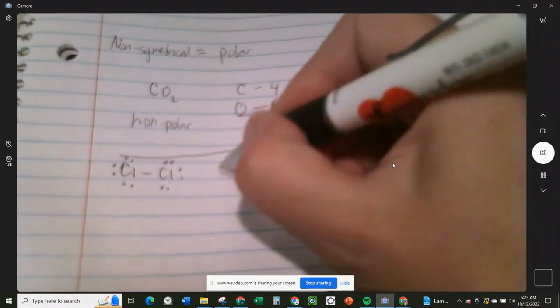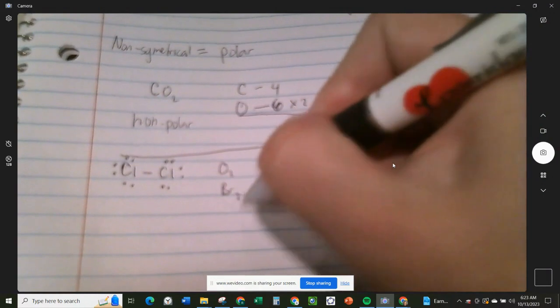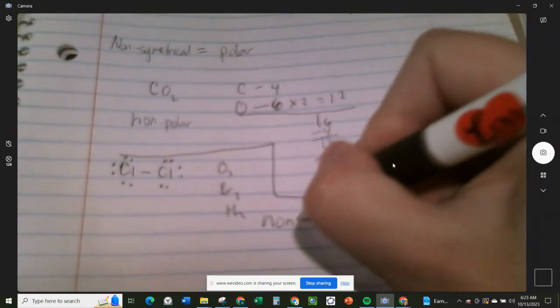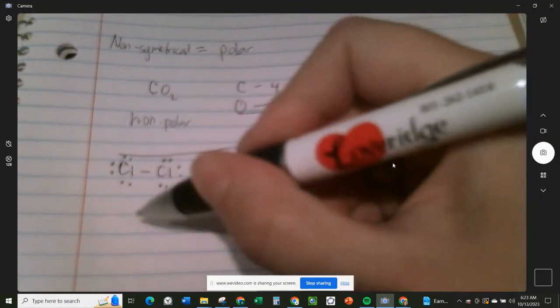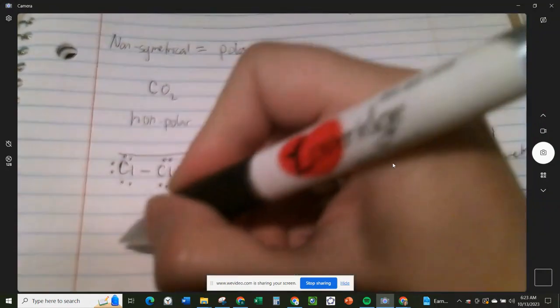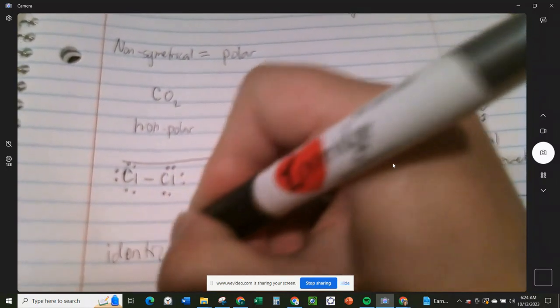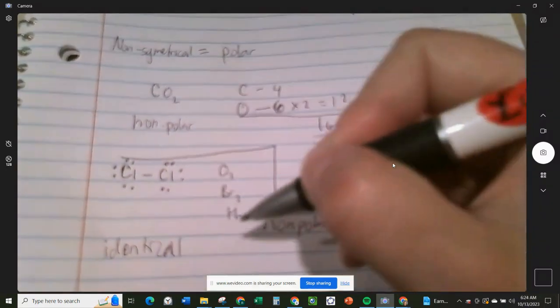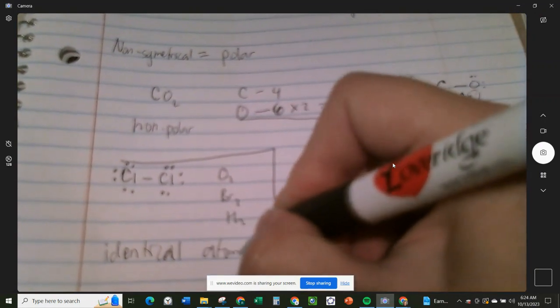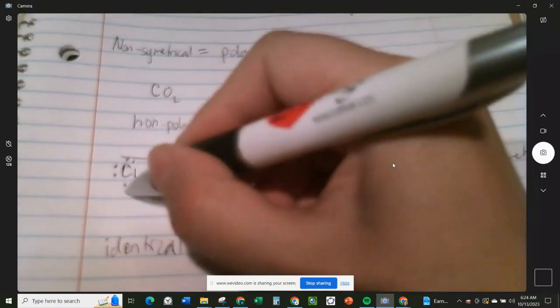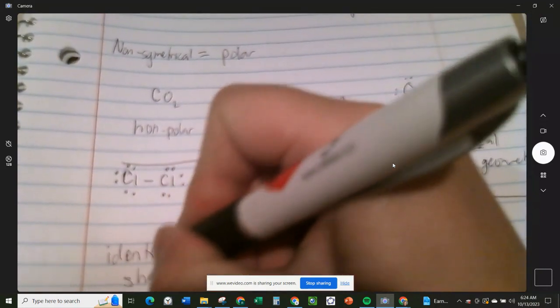Basically, anytime you have something like O2, Br2, H2, these are all going to be nonpolar because they're pulling equally. They're identical atoms, and there's not an imbalance of electronegativity. These are going to share equally.